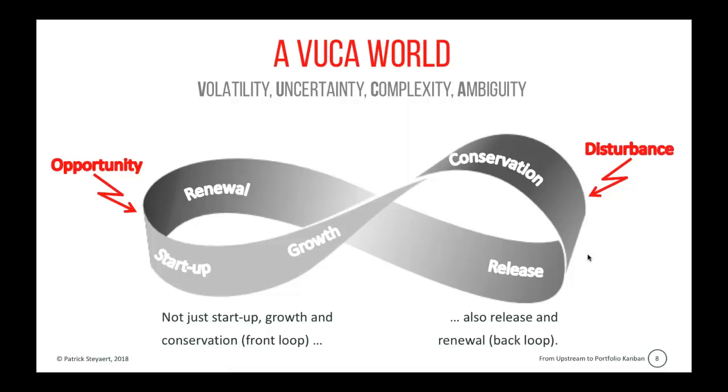So it's not only about starting up, growing and conserving a business, but it's also taking into account the fact that there might be a disturbance or disruption, and we need to also be prepared for the back loop, for renewal or capturing of new opportunities. So when we're talking about an agile portfolio, we need to deal with that VUCA world.